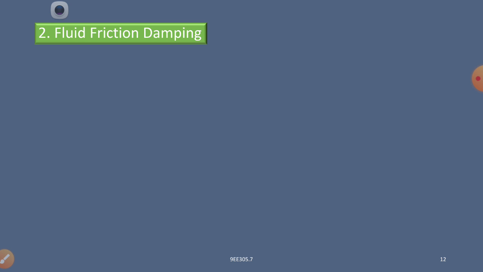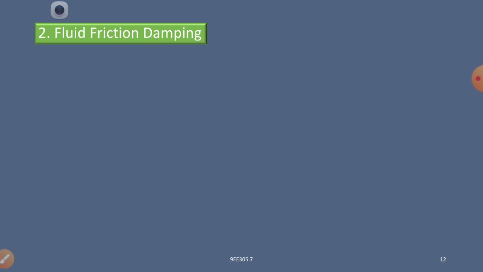Now coming to fluid friction damping. Instead of air, I am going to use some fluid or liquid. A viscous liquid is used to oppose the easy flow of vanes or disc. If the disc is moving in air, it moves easily, but if the same disc is moved in a liquid, some opposition force takes place.